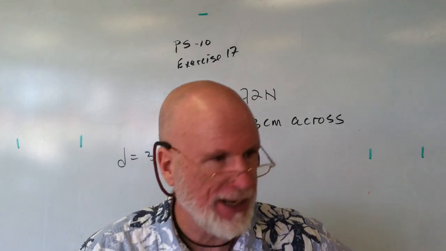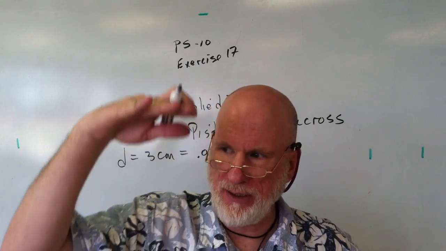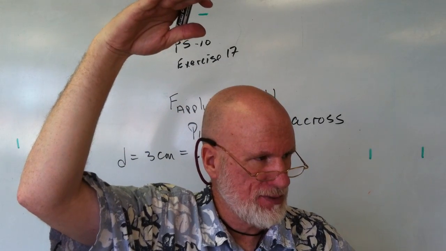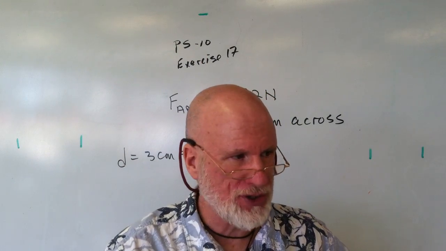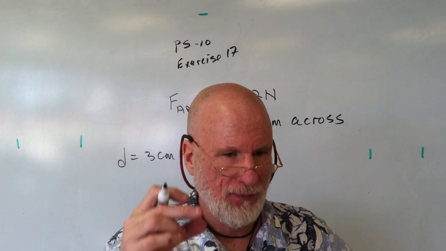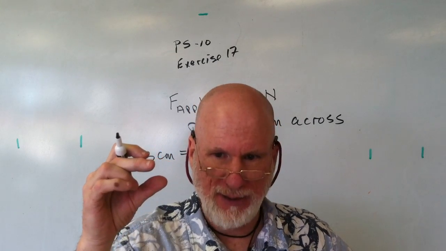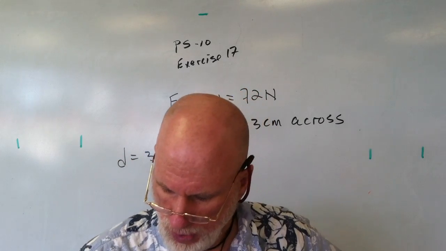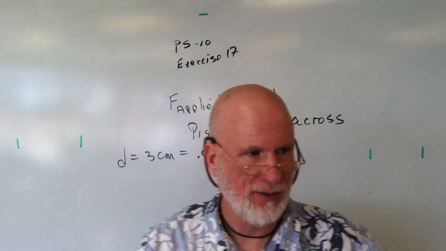This is the flying umbrella. And in order to lift 20,000 newtons, we are going to apply a force of 72 newtons to a piston that's 3 centimeters wide, correct? So what's the diameter of the piston that is actually supporting the ride?